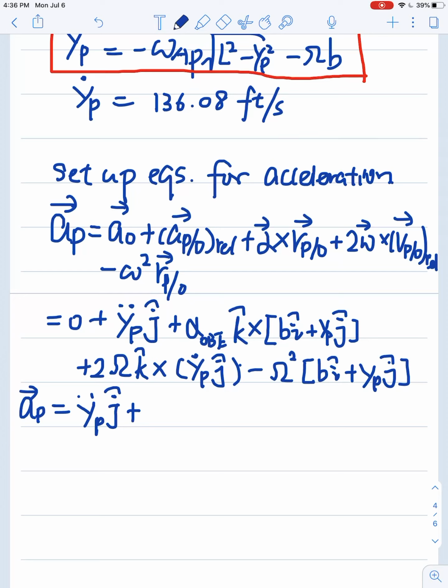So K cross I will give you negative j. So here we have negative alpha B, that's your small j, and K cross J will give you positive I, so we have plus alpha times YP I.